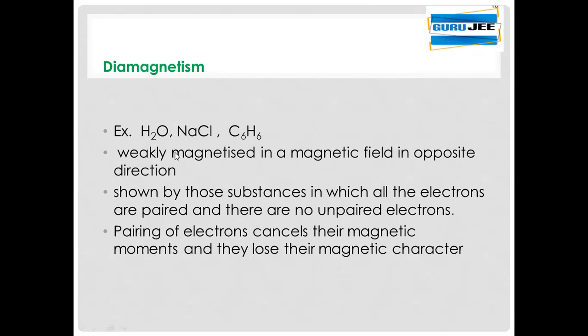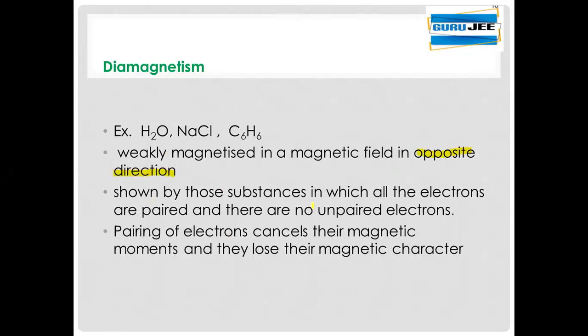And these diamagnetic substances can be weakly magnetized in a magnetic field, and it will be in the opposite direction. In paramagnetism, we learned that it will magnetize in the same direction as that of the magnetic field. But in diamagnetism, it is magnetized in the opposite direction. It is the main difference between diamagnetism and paramagnetism.